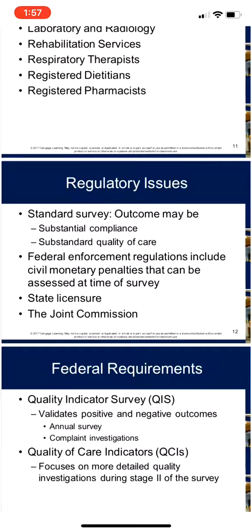In addition to federal enforcement regulations, individual states may pass legislation that also gives the state agencies authority for fines and civil money penalties. Therefore, findings of substandard quality during a facility survey can result in civil money penalties from both the federal and the state licensing agency.